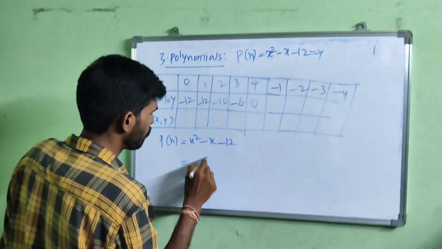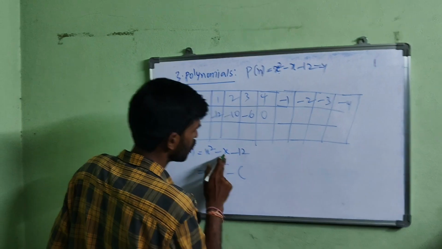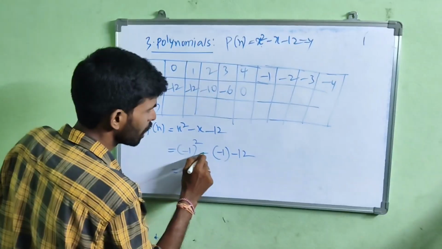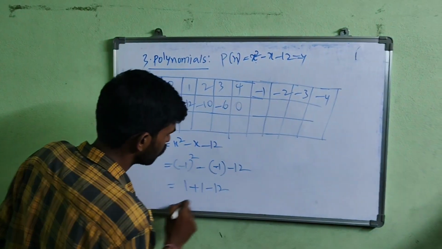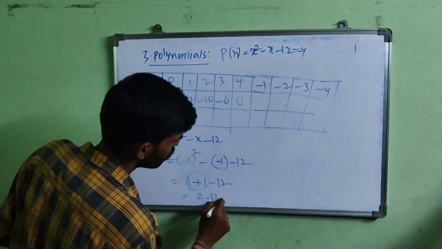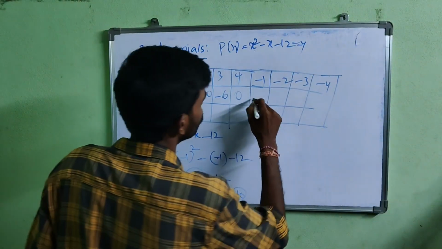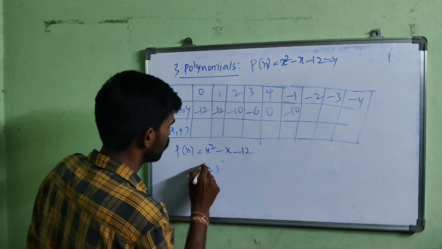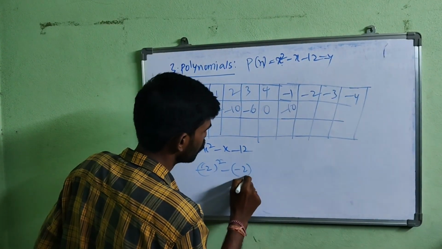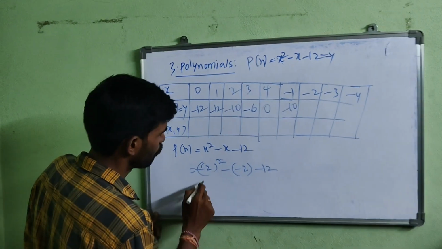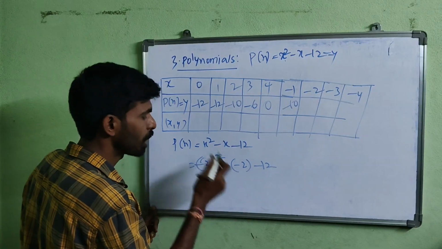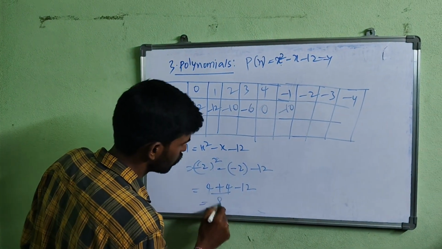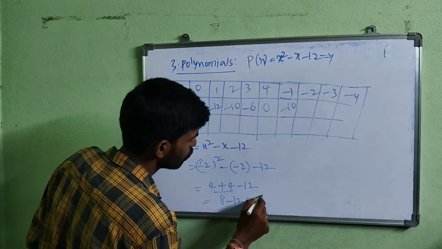Now -1 square minus of, here x is there, so -12. 1 square means 1, minus into minus plus 1, minus 12. 1 plus 1 is 2, 2 minus 12 equal to -10. Next, if I take -2, square minus of -2, 12. 2 2s are 4, minus into minus plus 2, 4 plus 2 is 6... 4 minus 12, equal to -4.